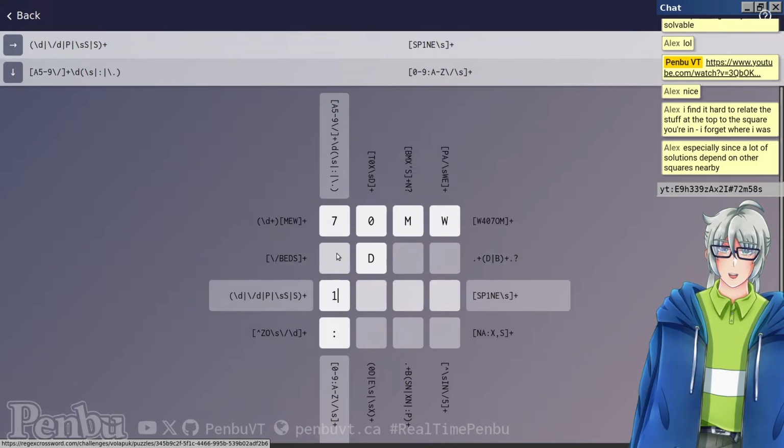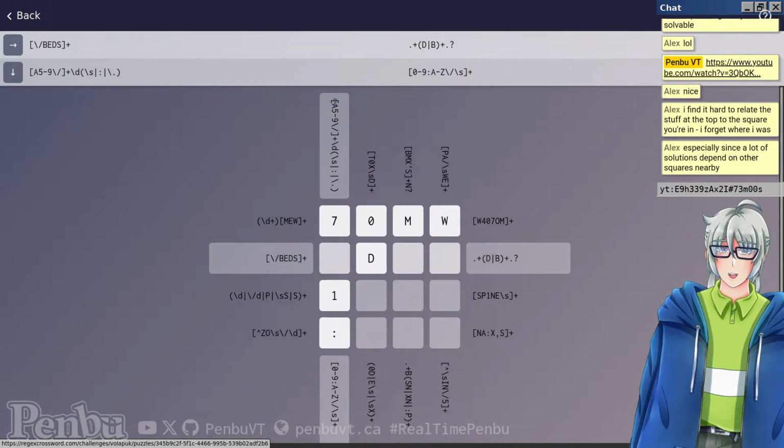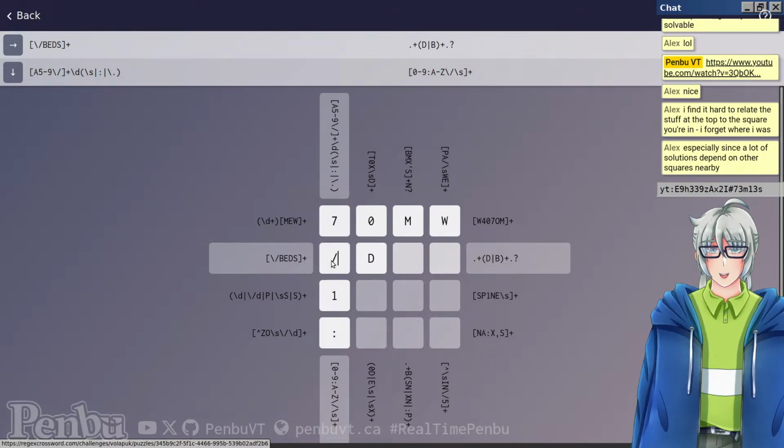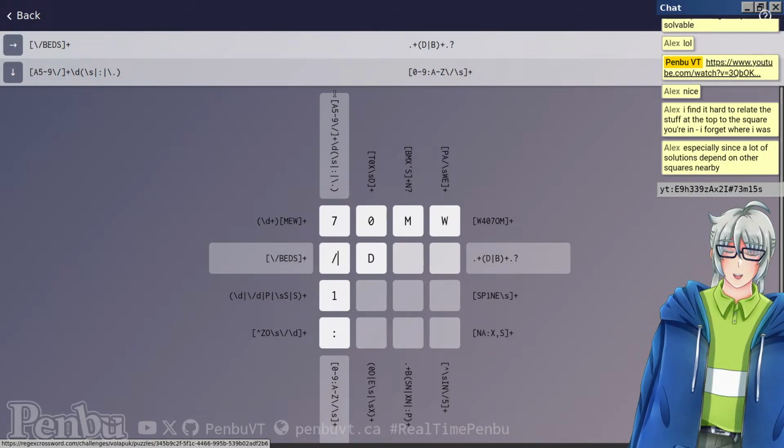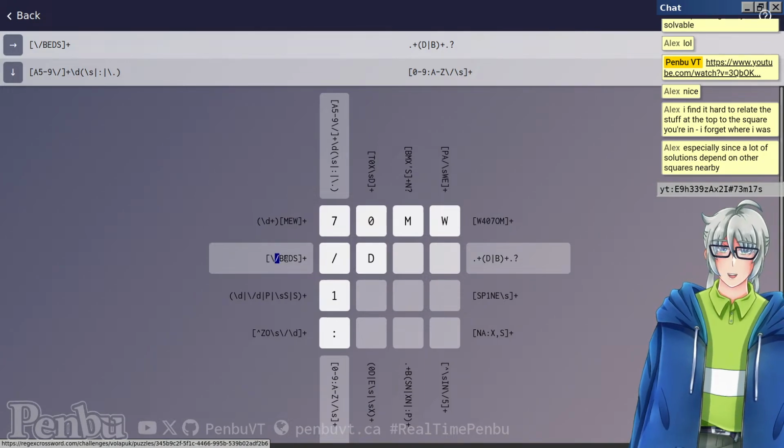So this is already our digit. So this has to be another one of these. So we have a slash. There's a slash here. This can be anything. So I think it can be a slash. Because the other characters in that set don't overlap with this one.